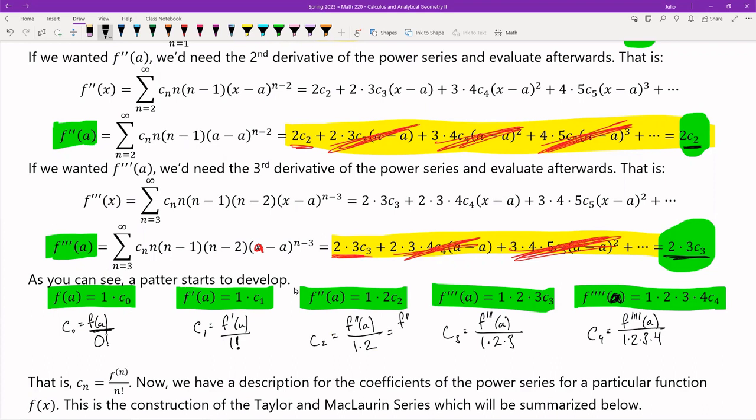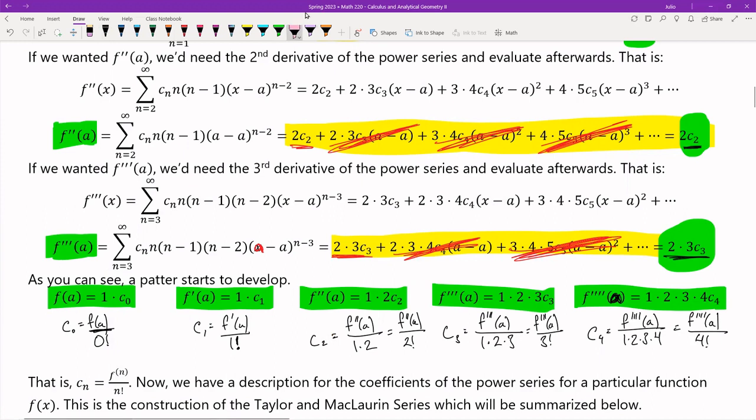This one, f double prime at a, 1 times 2, that's 2 factorial. f triple prime of a, this is 3 factorial. This one is going to be the fourth derivative of a over 1 times 2 times 3 times 4, that is 4 factorial.